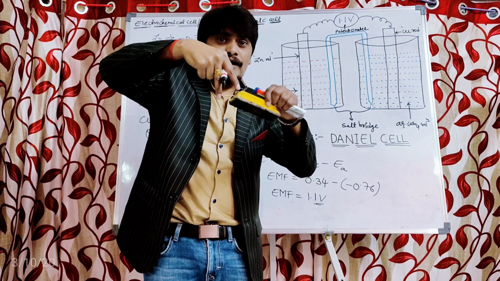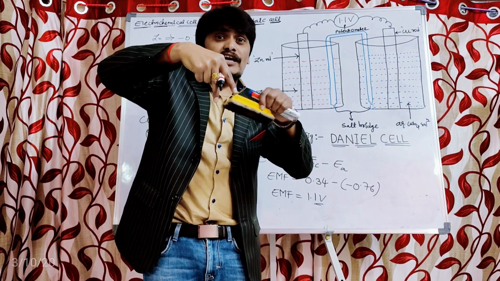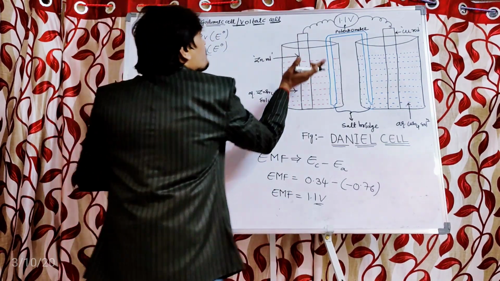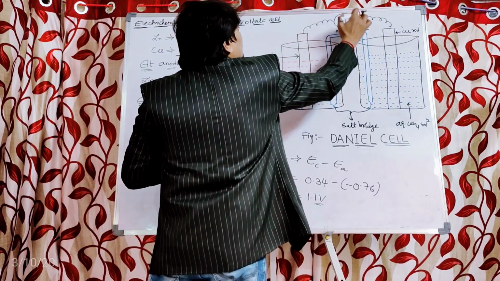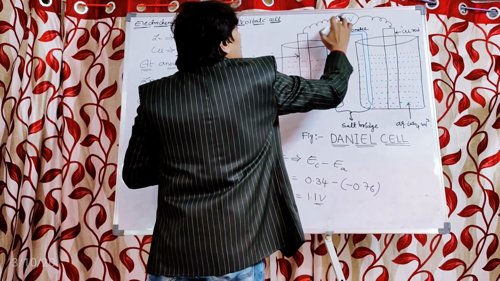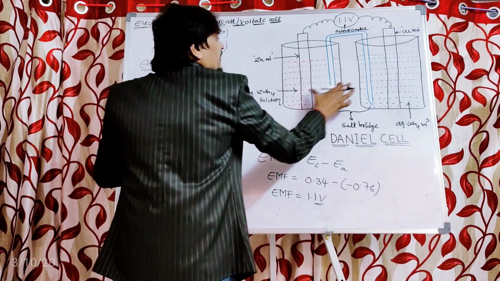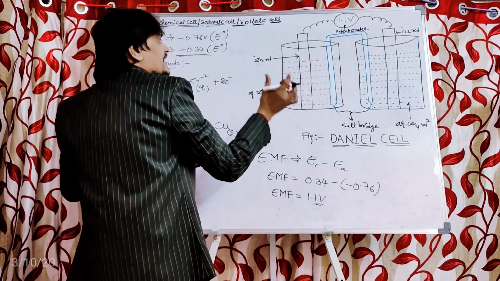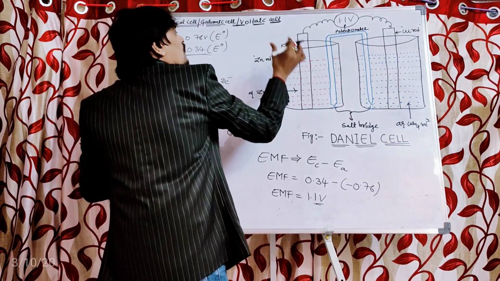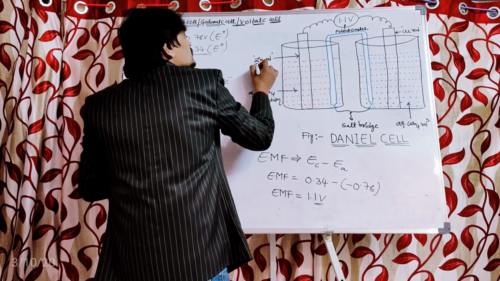What are these two? These are the sources of electrical energy which are driving the electric current to pass through the external circuit. The potential difference arises by the sources of electrical energy. What are those sources?